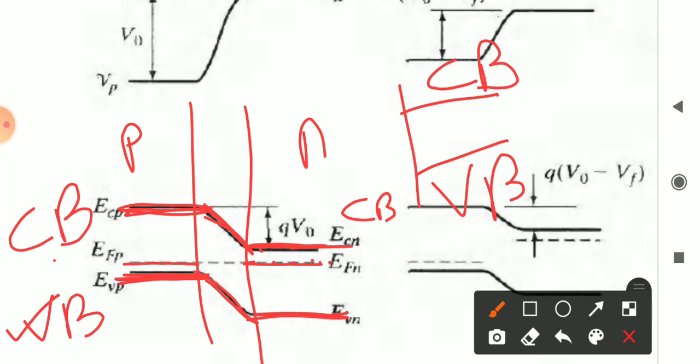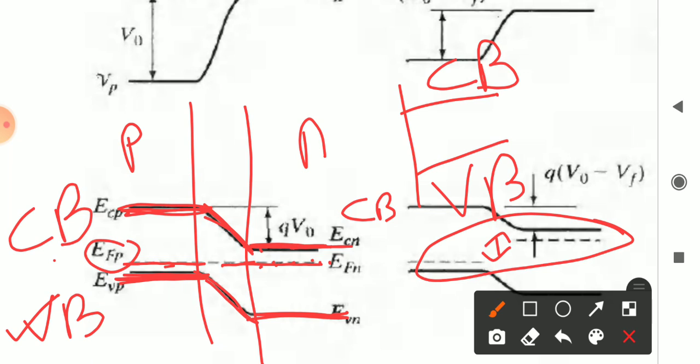So what we can say, at equilibrium, the Fermi level, the dotted line, is the same for the N region as well as for the P region. But if you refer to the right side diagram, there is a gap in the Fermi level, that we will study later. One more thing, the energy gap here is represented as the charge times the barrier potential voltage V0.